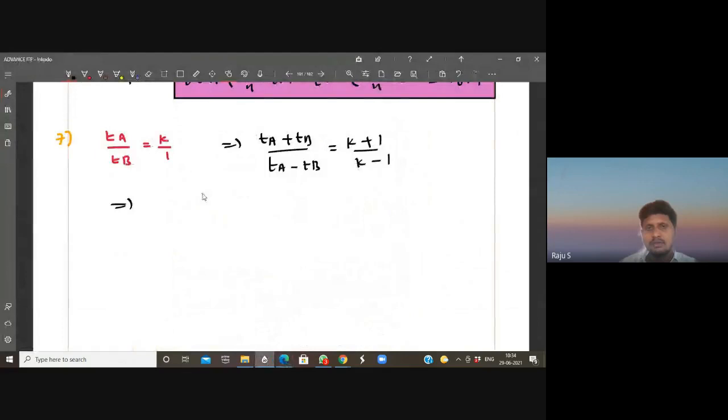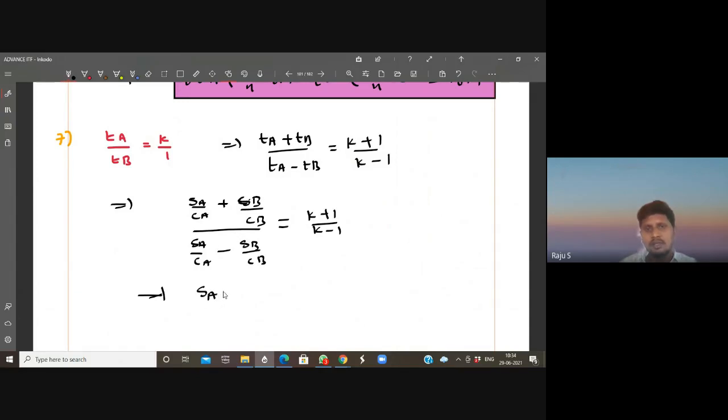So sin A by cos A plus sin B by cos B, by sin A by cos A minus sin B by cos B, is equal to k plus 1 by k minus 1. Now take the LCM; the LCM in numerator and denominator gets cancelled.